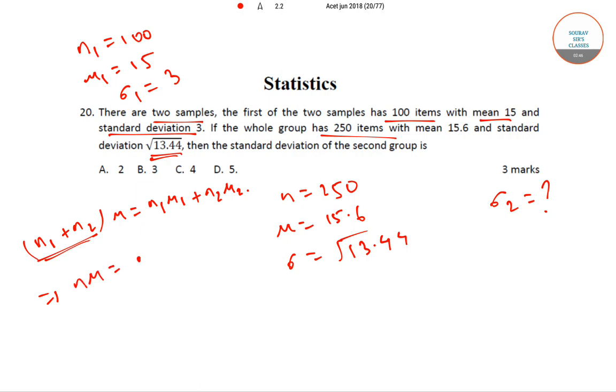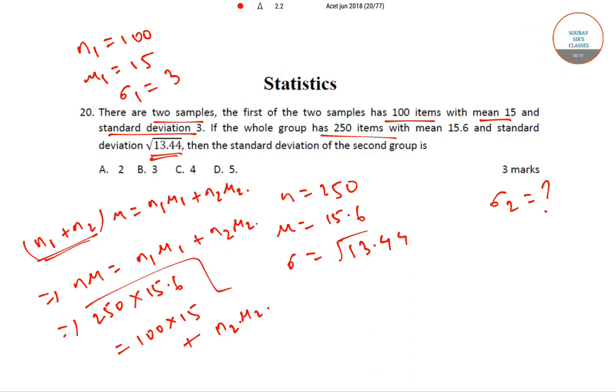So n mu = n1 mu1 + n2 mu2. So 250 × 15.6 = 100 × 15 + n2 × mu2.